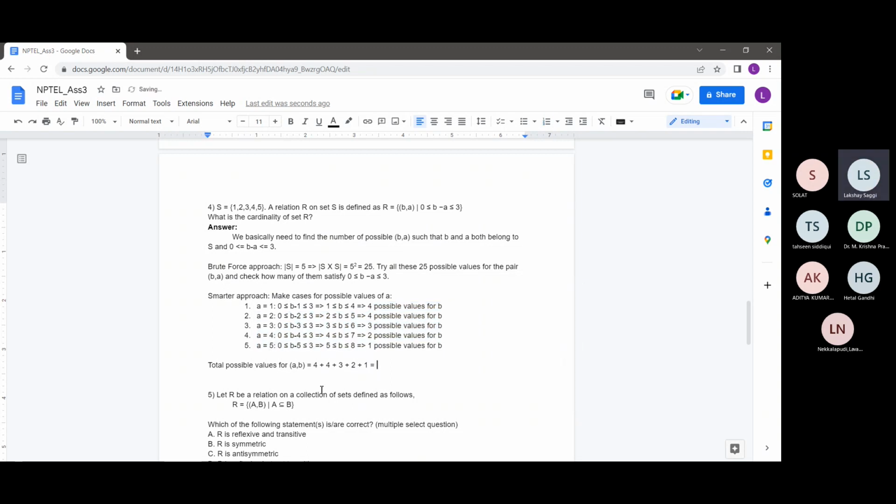So 4 plus 3 plus 2 plus 1 comes out to 10, and then adding 4, we get 14. So 14 is the correct answer. I hope I'm making sense, guys. So yeah, Aditya and Hetal, you had written 14, which was correct. Solat, you wrote 16. Maybe you can review later why your answer was incorrect.